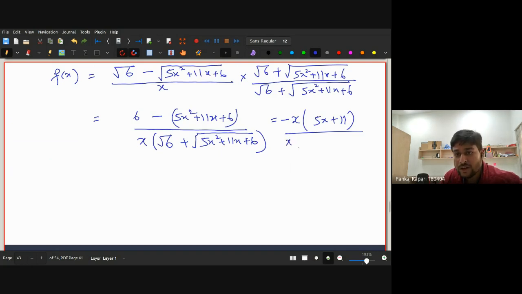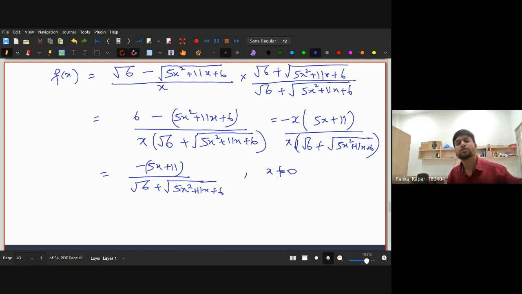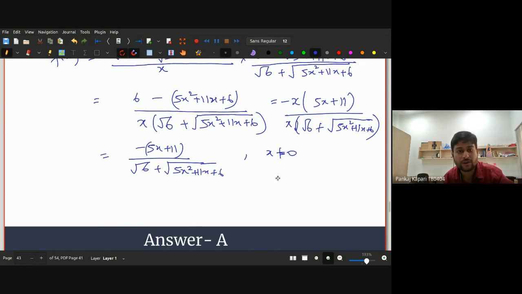And in the denominator you have x times root 6 plus root of 5x square plus 11x plus 6. So now we can write this as minus 5x plus 11. We'll cancel x from the numerator and denominator, assuming that it is non-zero. So root 6 plus root of 5x square plus 11x plus 6. So this is the simplification of our function.